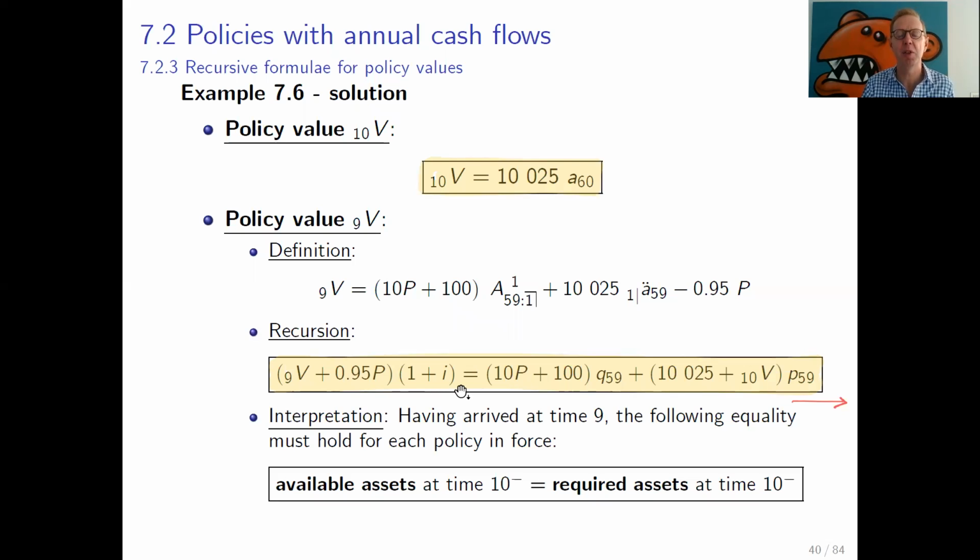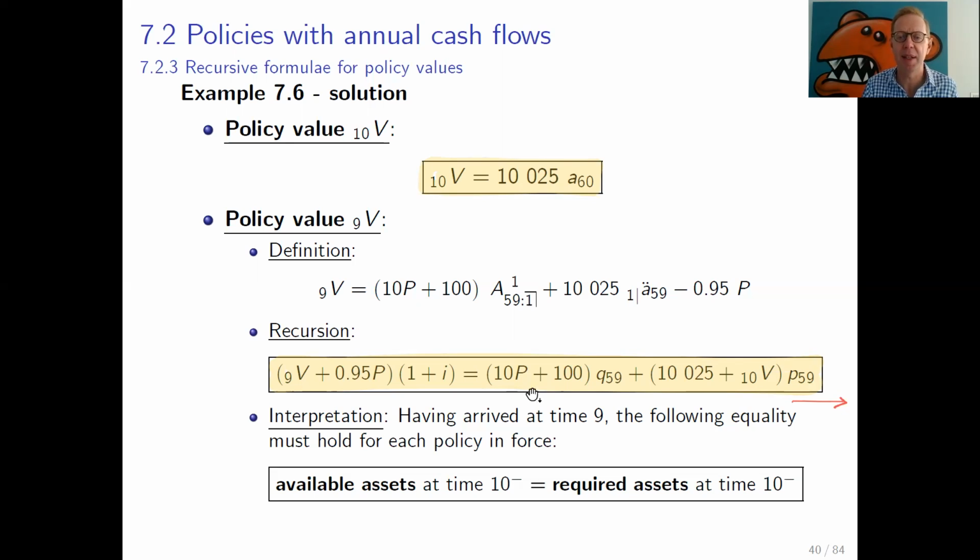What is the expected value of what we require at time 10 minus? It's the probability that the person of age 59 dies. If that happens, we have to pay 10 P plus an expense of 100, plus the probability that the 59-year-old person survives. Then, if that happens, we have to pay 10,025. That's the annuity payment plus the related expense. And we have to set aside the policy value V10.